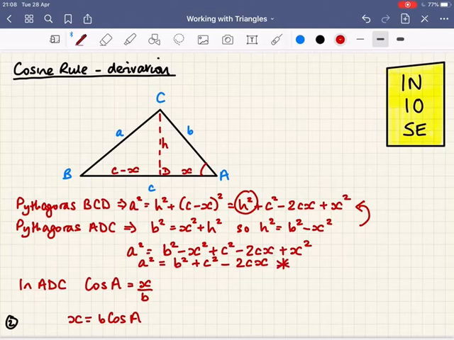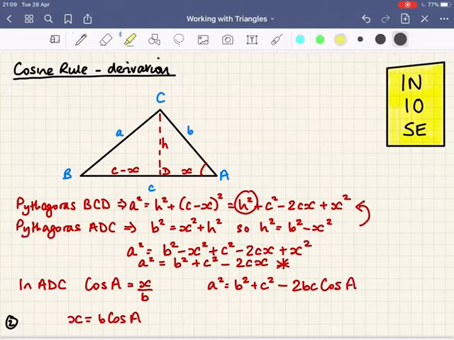So I've now got a squared equals b squared plus c squared minus, so I've got 2c times b cos A, which would give me, let's just put it in alphabetical order, 2bc cos A. And there I've got it. We've just derived the cosine rule for triangles.